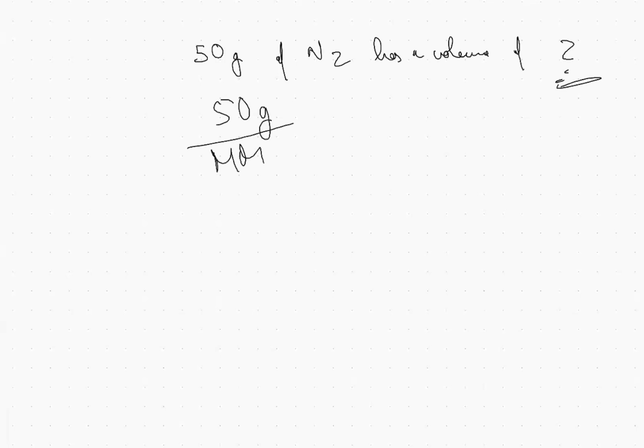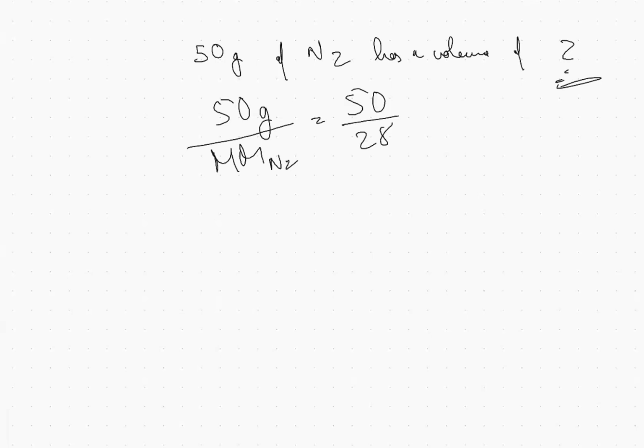Question is, 50 grams of nitrogen has a volume of what? So let us find 50 grams divided by the molar mass of nitrogen, which is 28. How do I know? Nitrogen is 14 times 2, from the periodic table you get it.